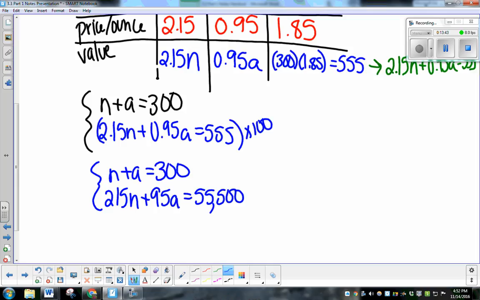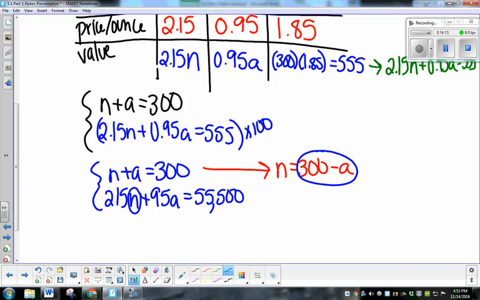So now you can decide how you want to solve this. Since we've done elimination before, I'm going to go ahead and do substitution on this one. So if I use this first equation here, I can subtract A from each side. So I know that N is equal to 300 minus A. Now I can plug that in for N in my other equation, not the one I used already.